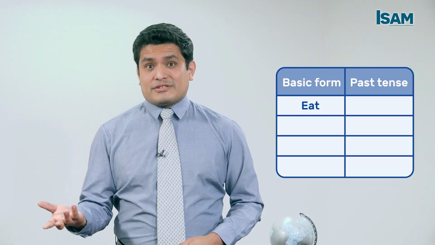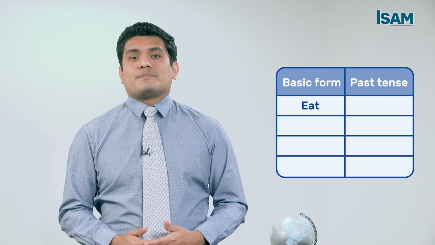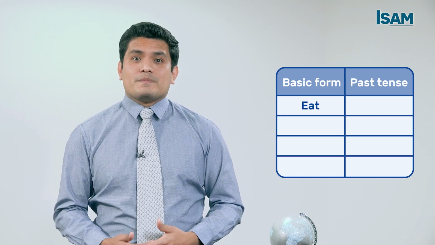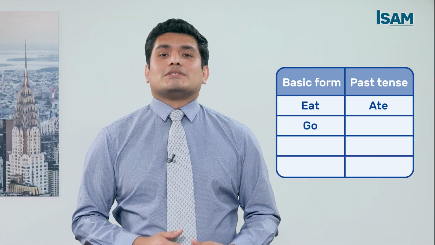But there are a lot of irregular verbs that we use in simple past form. For example, eat. If we want to use this verb in simple past form, it would be ate. Go.